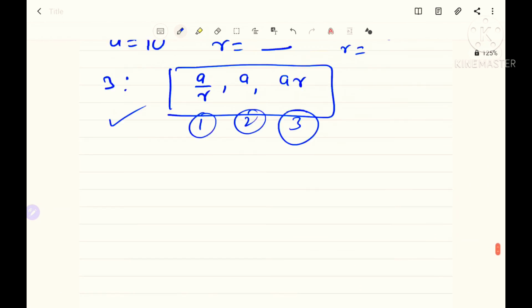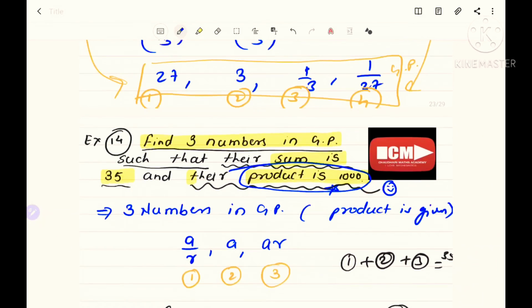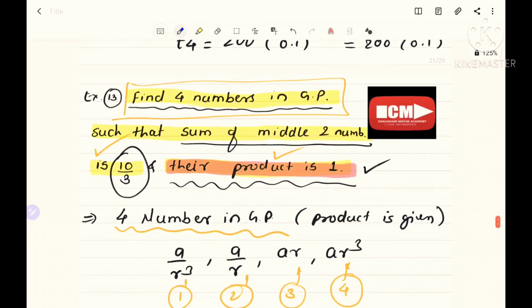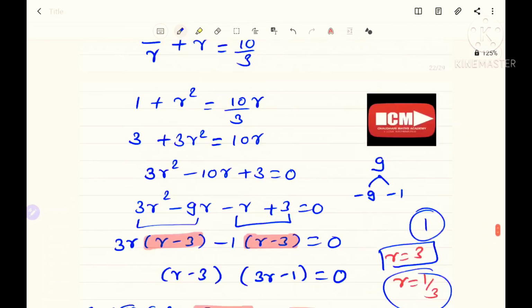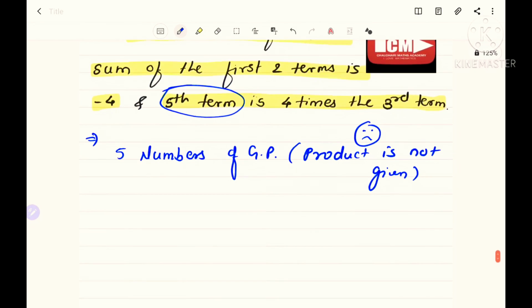In the previous two cases, if you observe, that question was also about numbers in GP, but this one is the real interesting part. In the previous question, question number 13, the product of the numbers was also given, and then we selected the numbers in that fashion. But as far as this problem is concerned, friends, the product is not given.